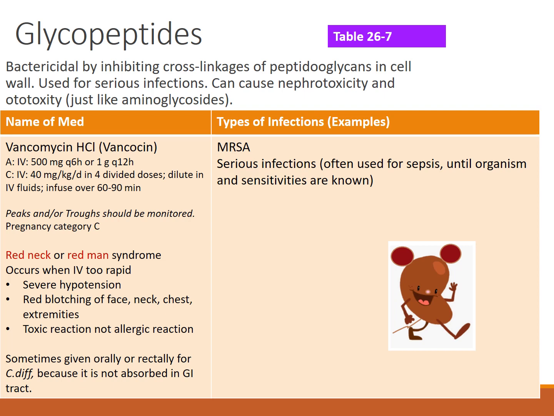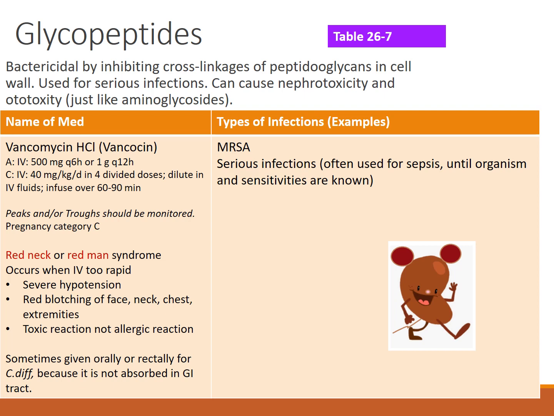This is one of the biggest guns we have. We use it for MRSA. We use it for serious infections like sepsis. It's usually part of the quote-unquote septic cocktail. Nowadays, we're using more vancomycin and something like piperacillin, or the Zosyn, for really serious infections. This one has peaks and troughs. Again, it's a pregnancy category C, so we use it when we have to.